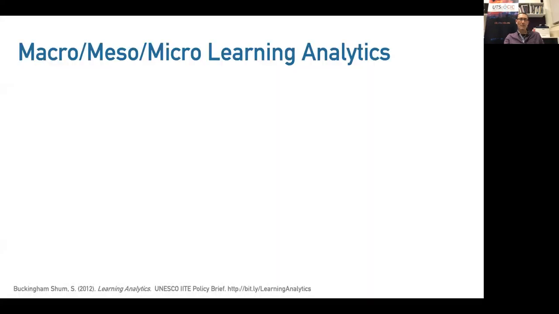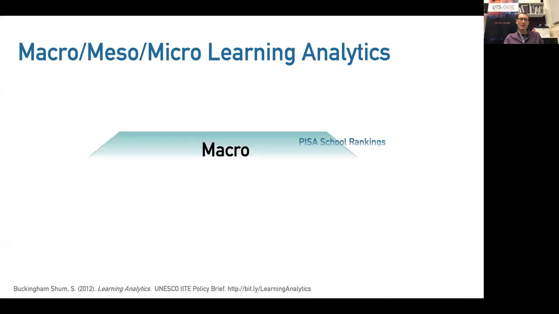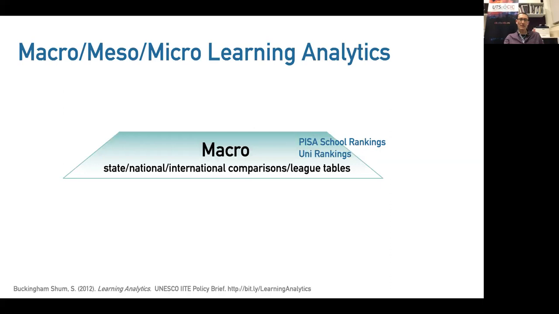Now, let's think about different levels in the system. When we talk about learning analytics, some of you may have seen this diagram before. We can talk about it at the macro level, where we're talking about state, if not national, international comparisons. And we might think of PISA school rankings or university rankings here.